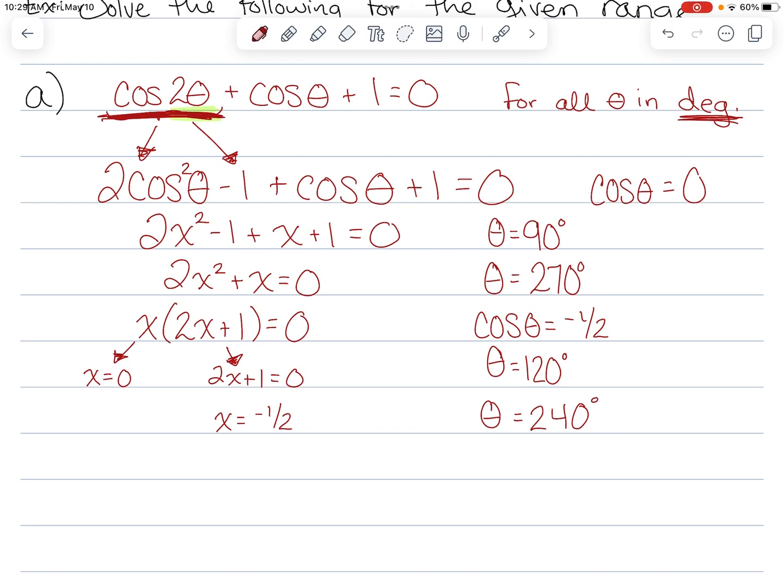Yup. Are we in the correct range? Nope. So, for all theta, I add my 360 degree k, where k is an integer, to all of my answers. So this is the same stuff we did on Friday, but there's one more thing I need to check.